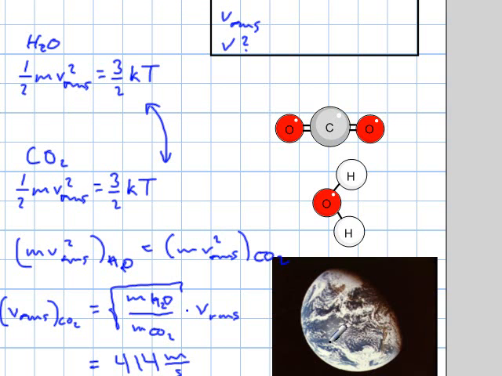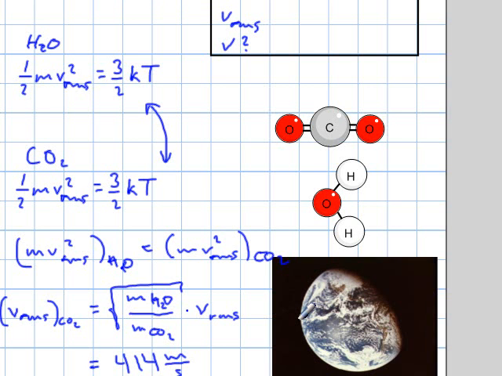The reason I put the Earth here is because we have a very thin layer of the atmosphere, and what holds the atmosphere to the Earth is Earth's gravitational force. But of course we know that rockets can leave the Earth if they attain a certain amount of speed, and molecules can do the same thing.